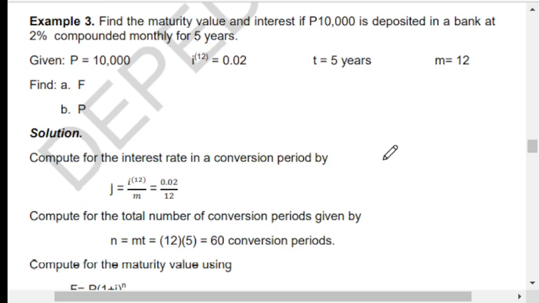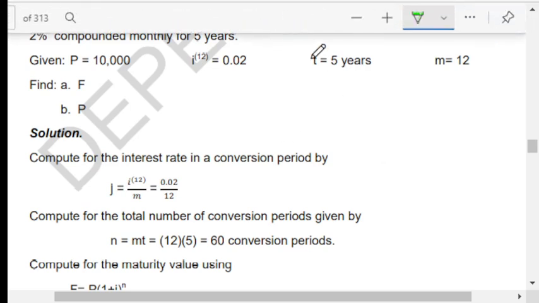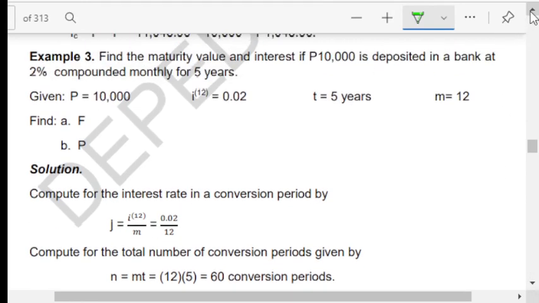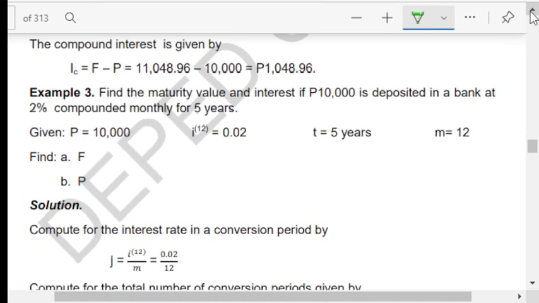So, we have 10,000 still, no? 10,000 is still our principal, then j exponent 12 because it's monthly, then 0.02.